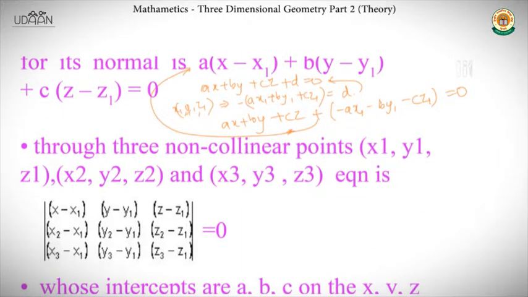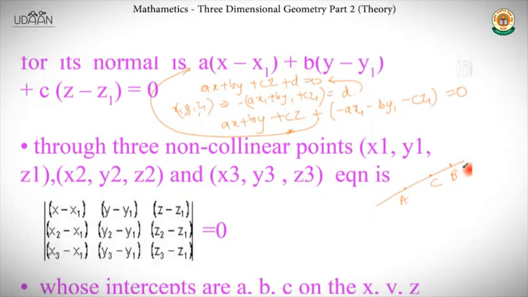Now the equation of a plane through three non-collinear points x1, y1, z1, x2, y2, z2 and x3, y3, z3. Three non-collinear points, what does it mean? Non-collinear points basically means that they cannot be located on a single line. That is, A and B are collinear points.